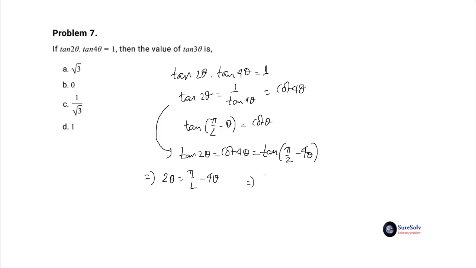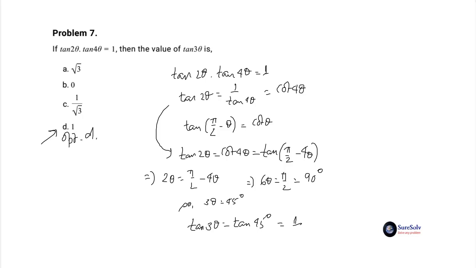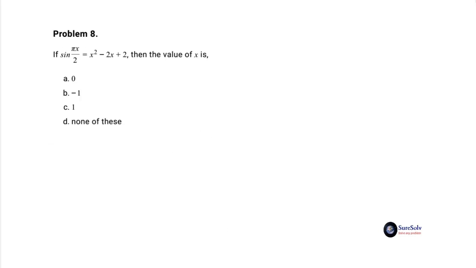Or 6 theta equal to pi by 2 equal to 90 degree. So 3 theta equal to 45 degree and tan 3 theta equal to tan 45 degree equal to 1. Answer is option D 1. Easily solved in mind. Next problem then.